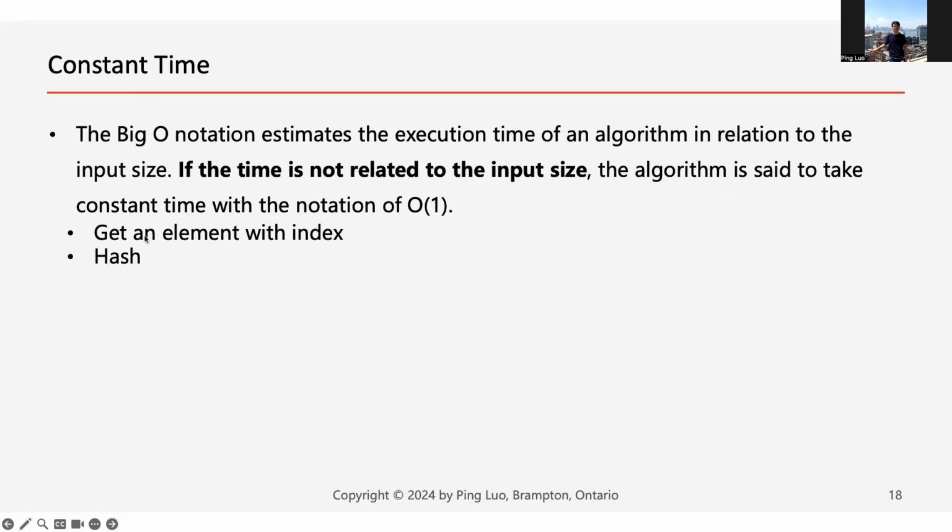And for a hash, ideally, if the hash function is good enough, it should give us the location of an item directly. But of course, there are many collisions and other issues, so it's not possible to get an O(1) hash, but that's the ideal situation. Hash is also O(1).